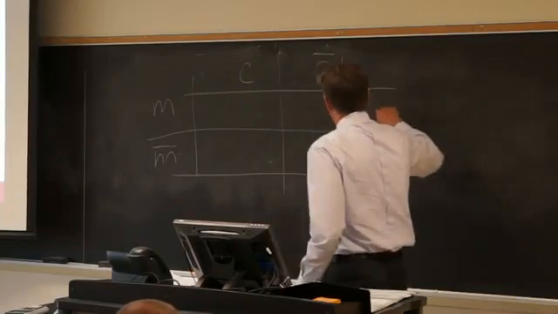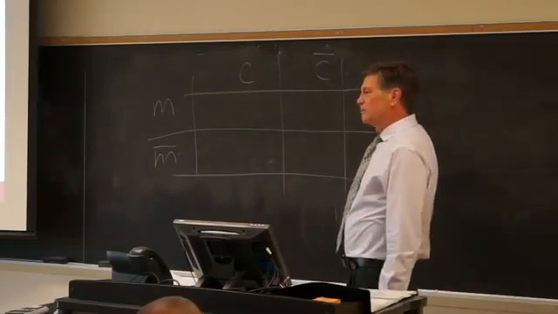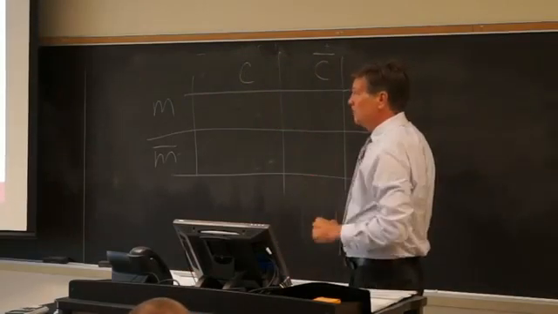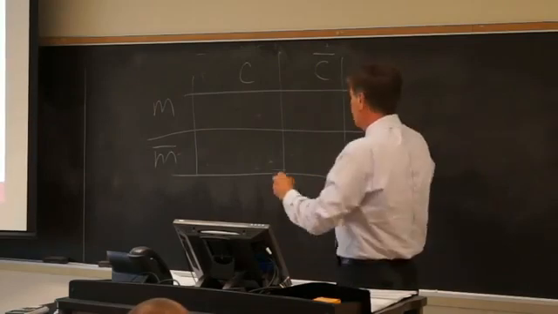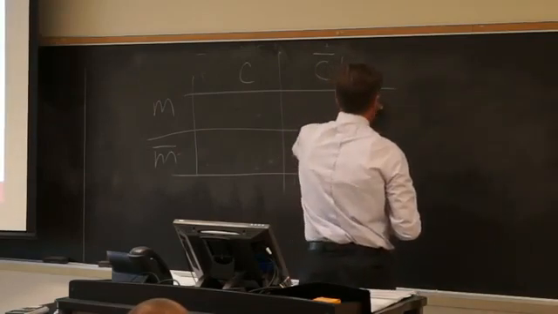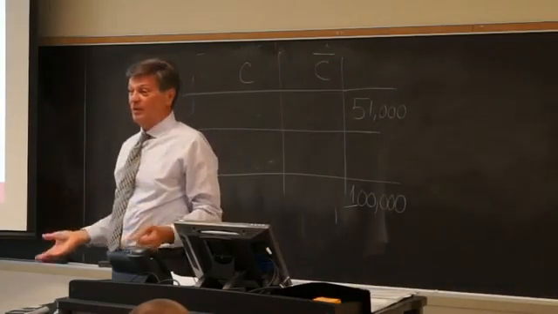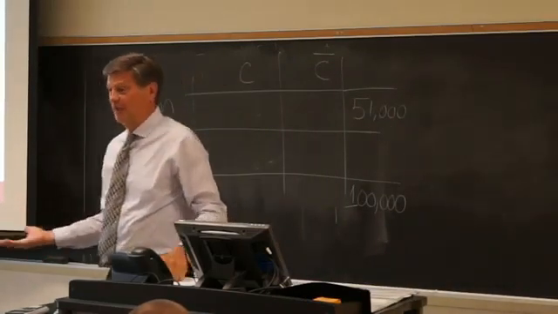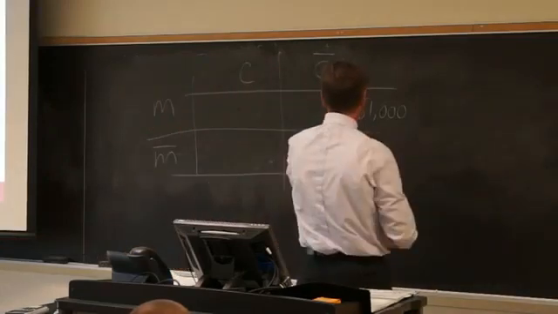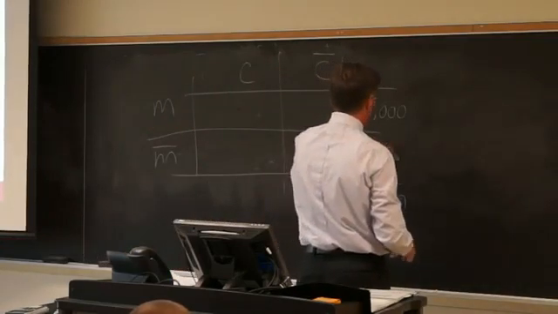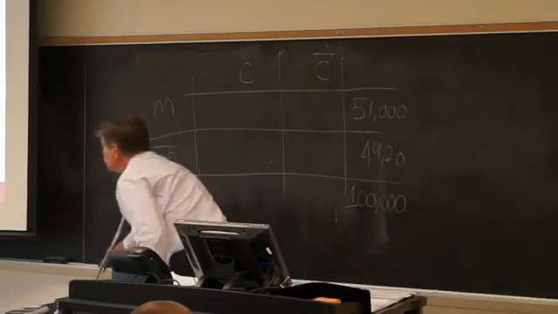What would I put in this cell right here? The very first piece of information, 51,000. And where did you get that? Well, 51% of the population is male. So that's easy, then that means I can fill in this, that's 49,000. 49,000.